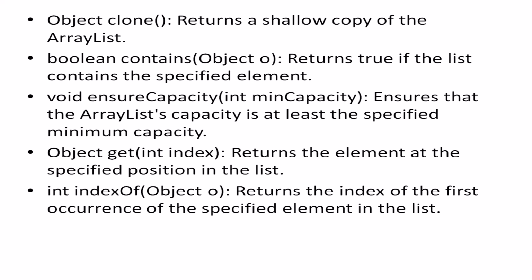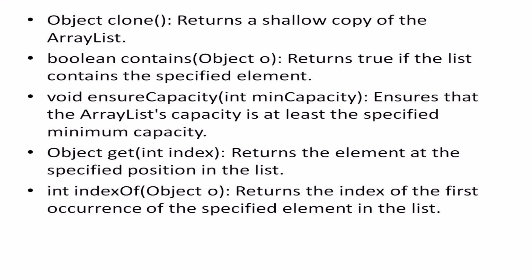Next, boolean contains(Object o). It returns true if the list contains the specified element. Next method is void ensureCapacity(int minimumCapacity). It ensures that the ArrayList capacity is at least the specified minimum capacity. So it will insert the elements based upon how much capacity is specified by the user.